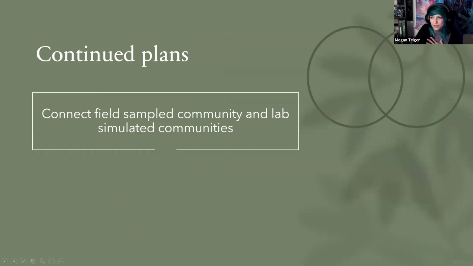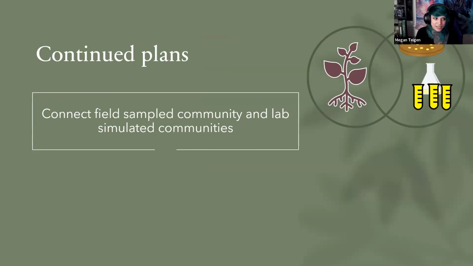So as I continue onward with this project, I just want to say that this is very much a work in progress, and I'm excited to see what we find about bacterial diversity that Darlingtonia houses. I hope that I'm able to connect the field sample community and the lab simulated communities. We can create very controlled conditions in the lab, and I hope to see how much we can compare that to the unpredictable conditions we find out in the real world in these Darlingtonia fens.